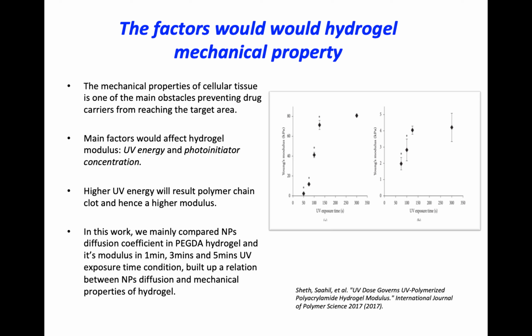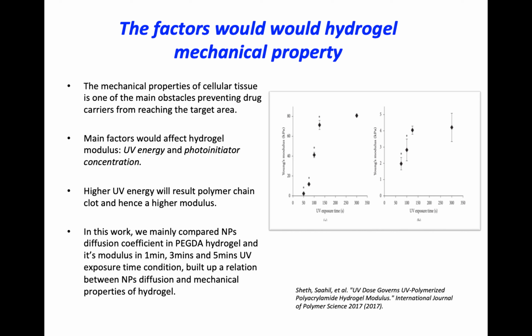The mechanical property of the tissue is one of the main factors which could prevent the drug delivery from reaching the target area. This is very important because if the delivery system cannot reach the desired site, it will dramatically decrease the efficiency of the drug.